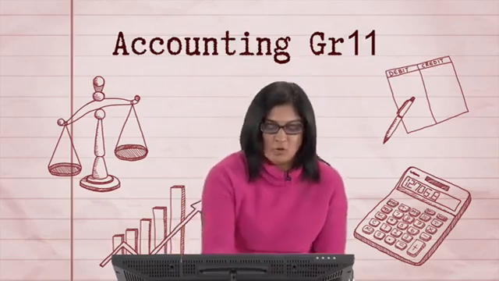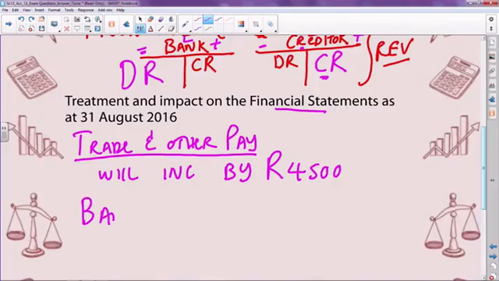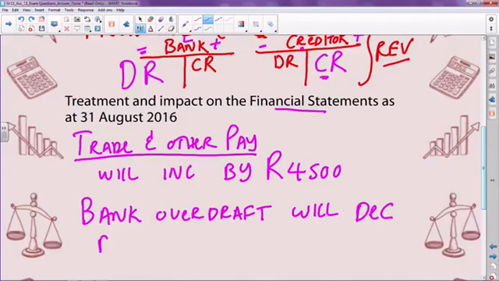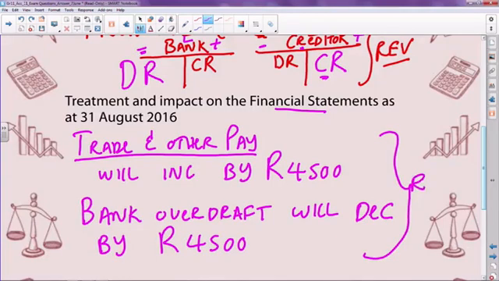So your bank overdraft will decrease by 4,500. In other words, we've actually reversed the entry.